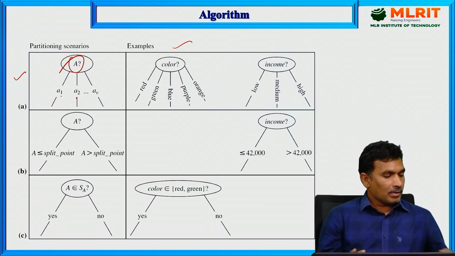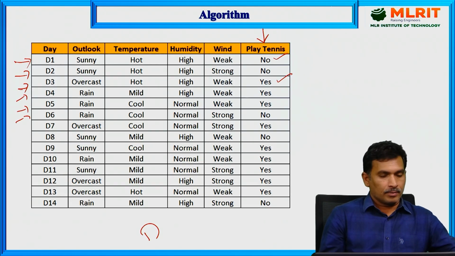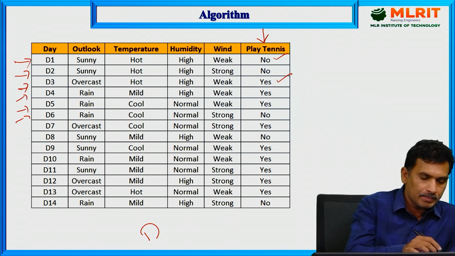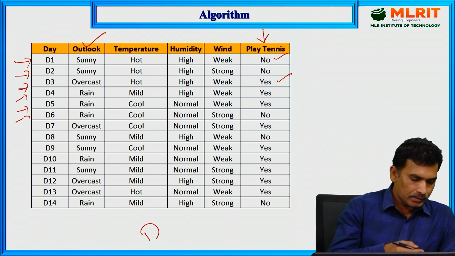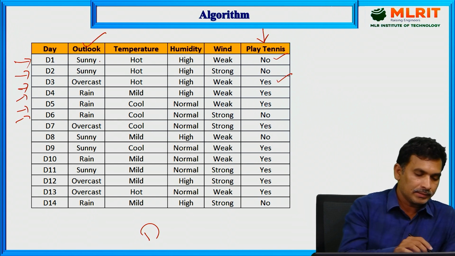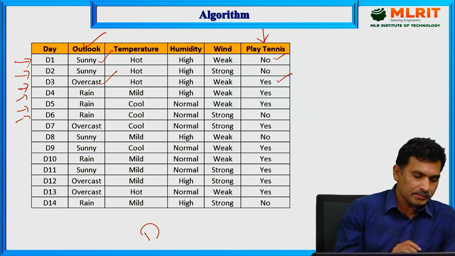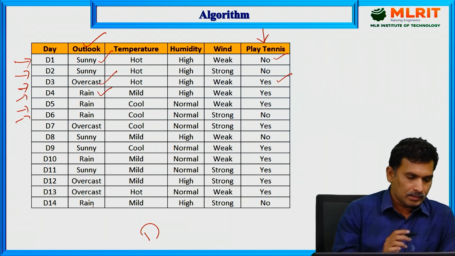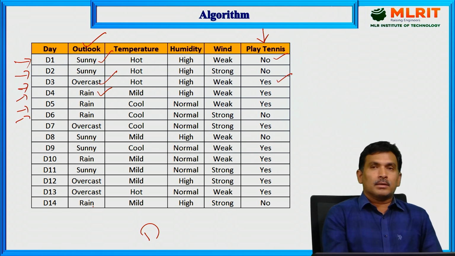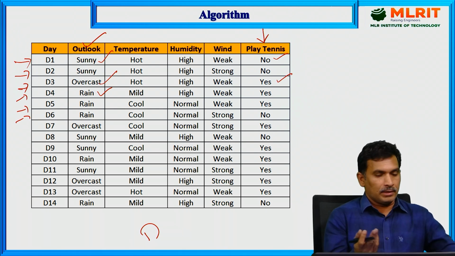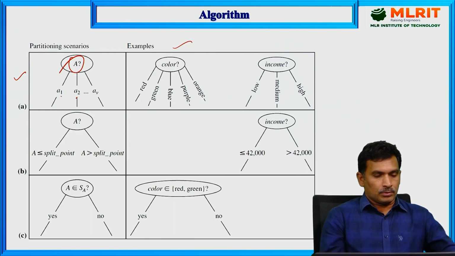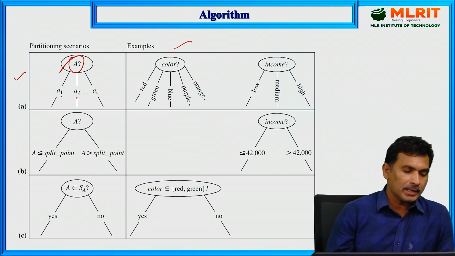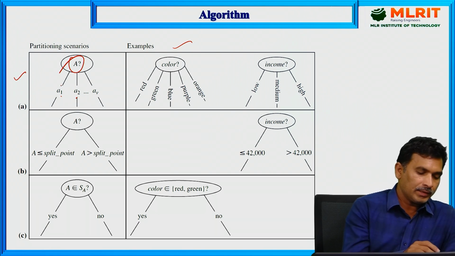Let us quickly go back. Here, if you take the attribute outlook, what are the unique values under this attribute? Sunny is one unique value, overcast is another, and rain, so these are the only three unique values. In that case, V is equal to 3. Then we have to partition accordingly, with one partition for each category.